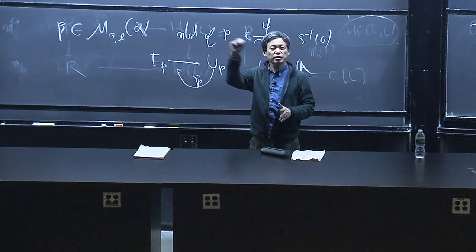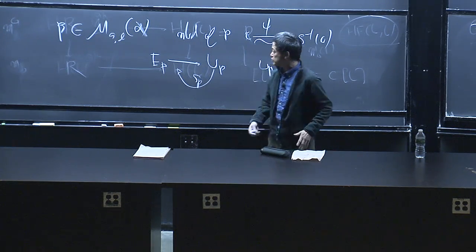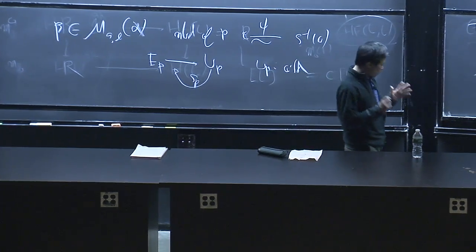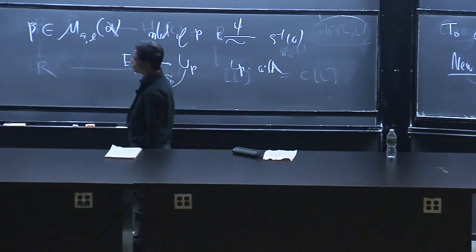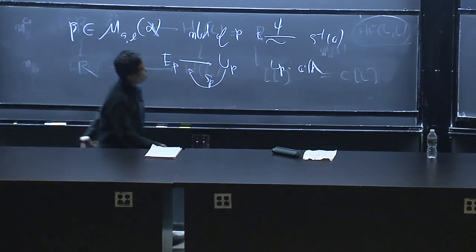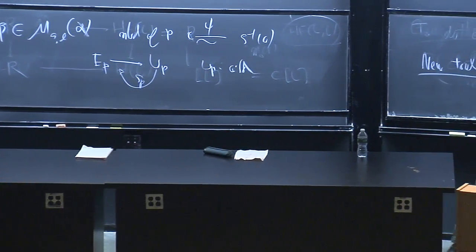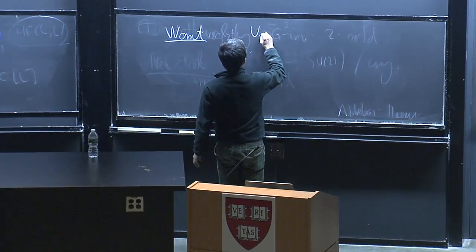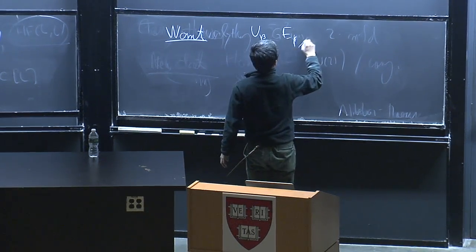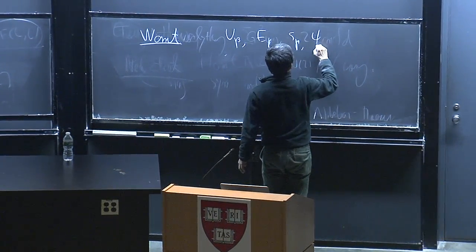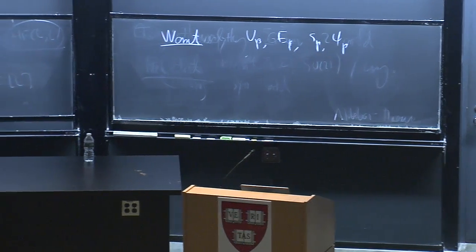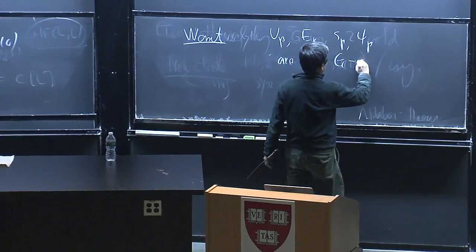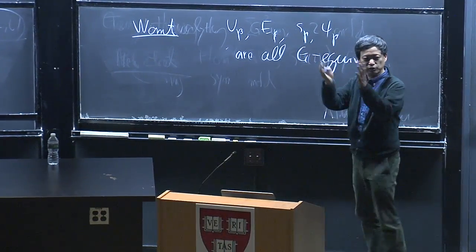In the deformation theory of complex structure, Kuranishi found that locally this deformation theory can be reduced to this kind of finite dimensional problem. But then what we want to do is this finite dimensional reduction in a G-equivariant way. So what we want is that U_P, E_P, S_P, C_P are all G-equivariant.